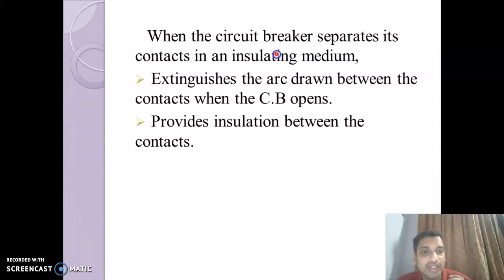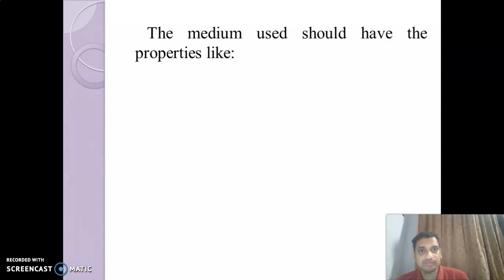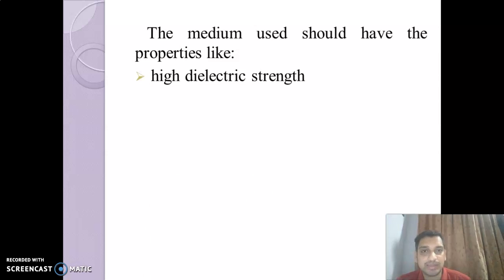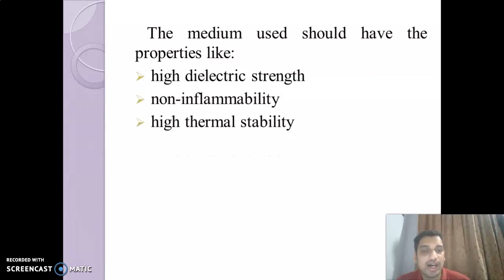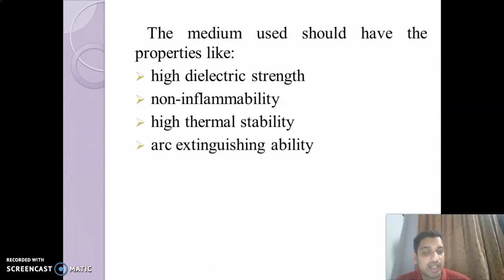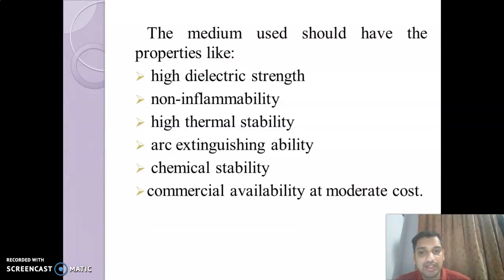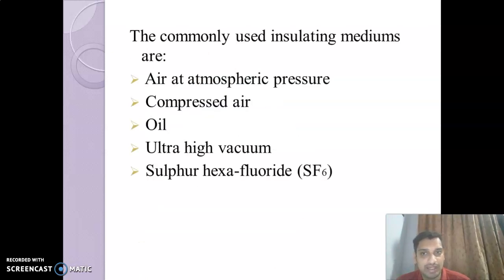The insulation mediums like air, oil, and SF6 are used for arc quenching or extinguishing the arc. The properties of insulating mediums are: high dielectric strength, non-inflammability, high thermal stability, arc extinguishing ability, chemical stability, and commercial availability.